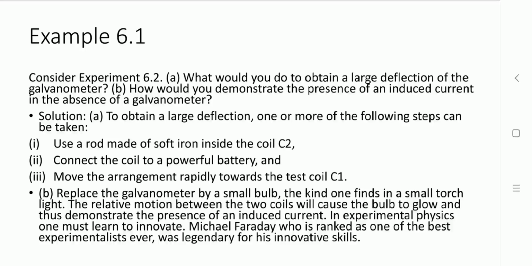This is what is available in your book, but we can also use an LED if my current is in milliampere. If the current is small, the LED glows with low intensity. If my current is maximum, the LED will glow with maximum intensity, and if no current is there, then my LED is off. So either way we can observe whether the current is present or not.